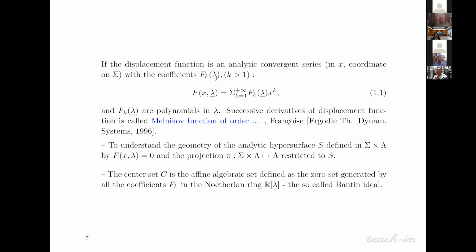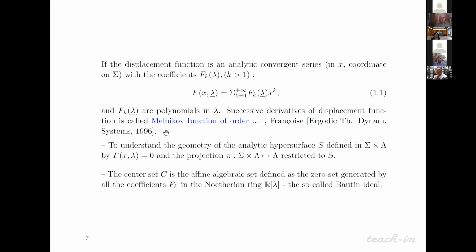The coefficients are polynomials. We call these coefficients the derivatives of the displacement function, called the Melnikov functions of order, for example, order 1 or order 2.